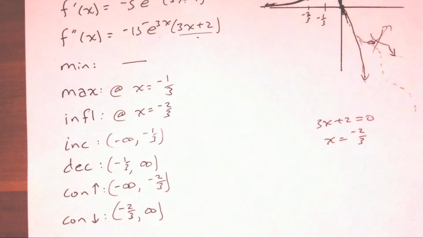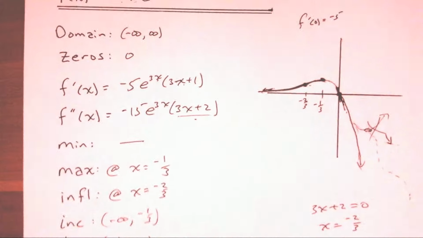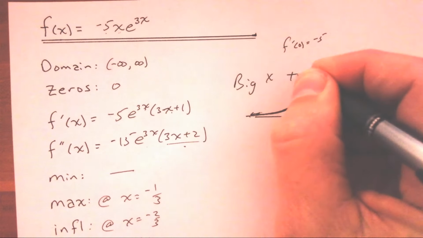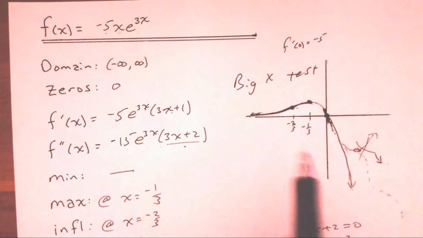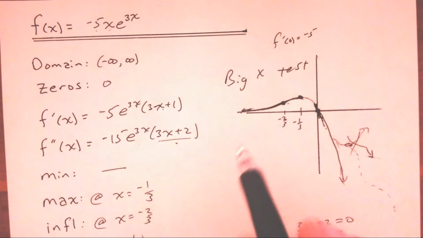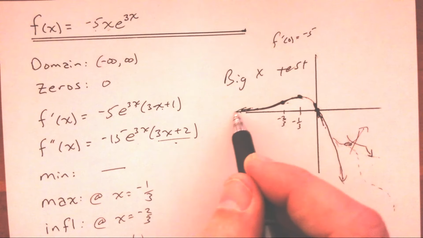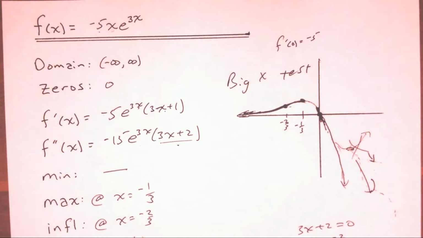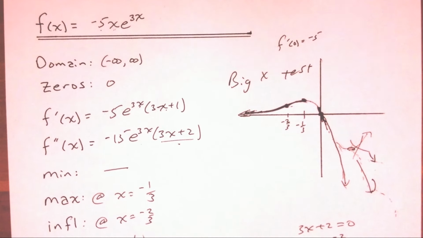So algebraically easier than just graphing. Once again, we're back to what I referred to as our big X test, which also could be a discussion of what's the limit as x approaches infinity, what's the limit as x approaches negative infinity. We're getting sucked in here, and we're just running out of control now. So that would be one that I would expect we'd be in pretty good shape.